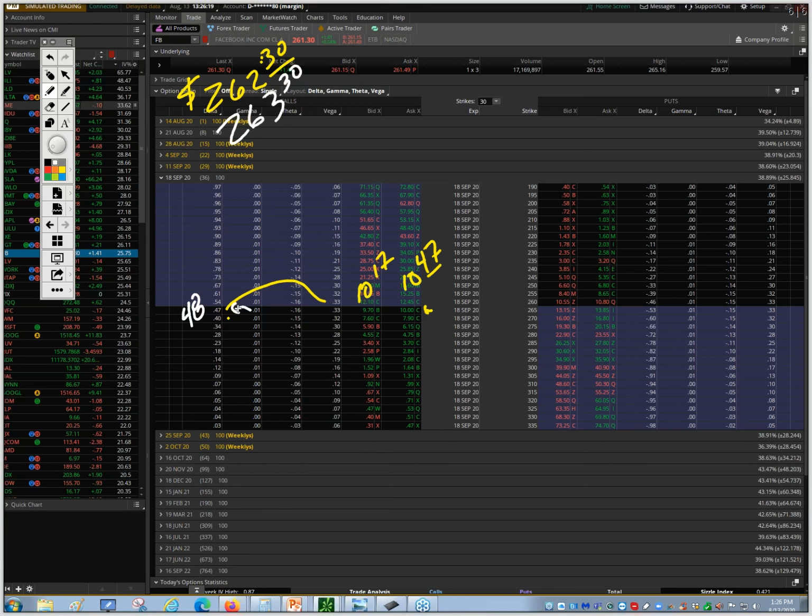That's 48 cents adding into our premiums on the next one. So on that second dollar move, we could assume our premiums are going to be $10.65 on the bid and $10.95 on the offer. I'm doing the math in my head real quick, so I might be off a little bit there.